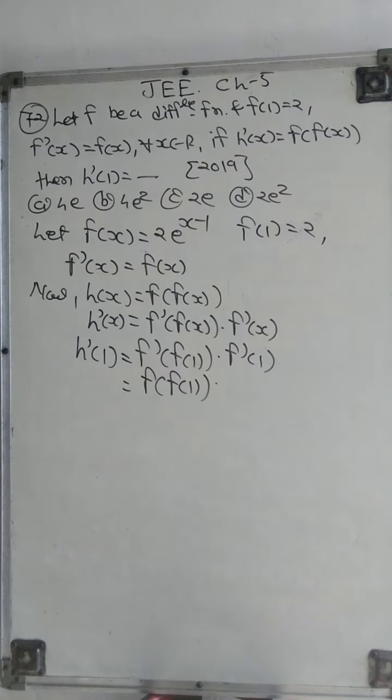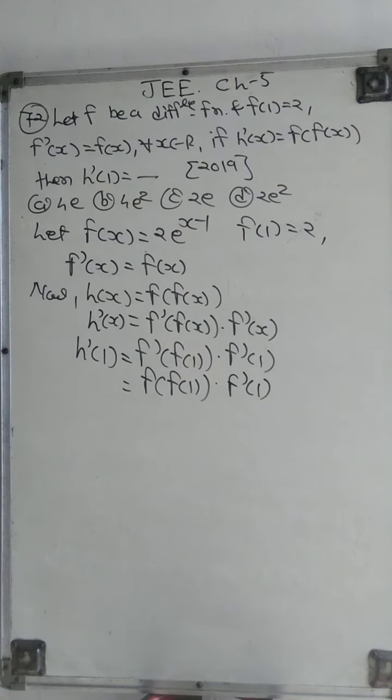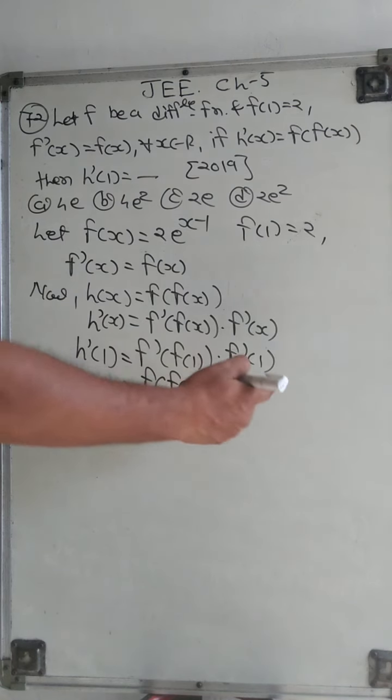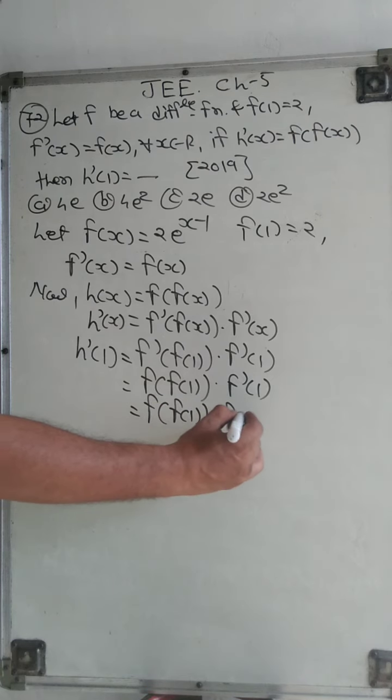Into f dash 1. If we want to find f dash 1, we can, but here first we put as it is. Now f dash 1 is also f(1), so f f(1) into f(1).